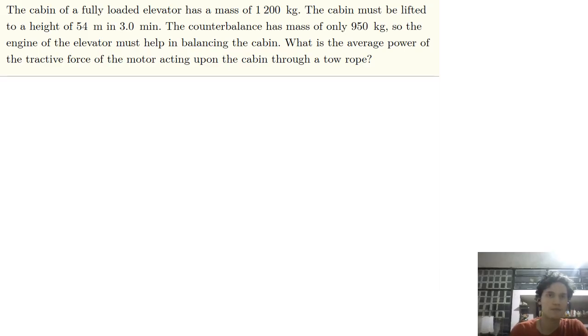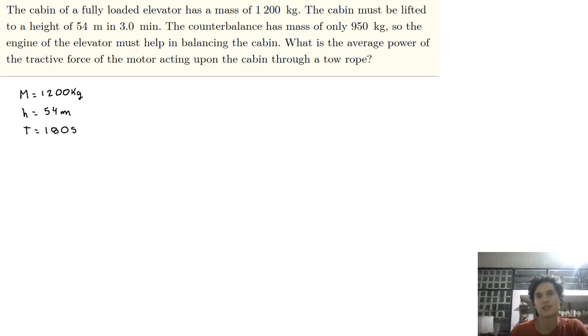We have a cabin of a fully loaded elevator that has a mass of 1.2 tons. The cabin must be lifted to a height of 54 meters in 3 minutes, 180 seconds.